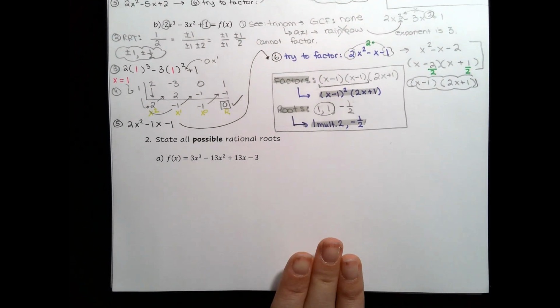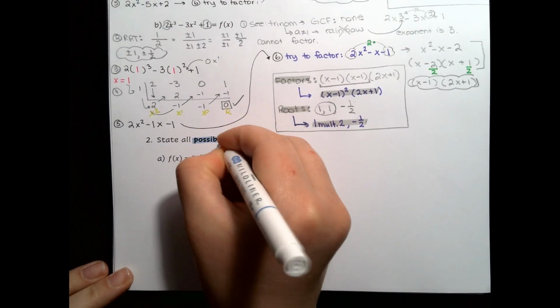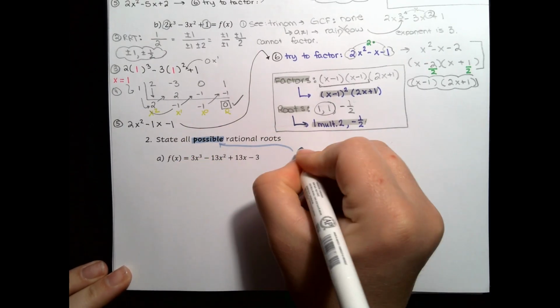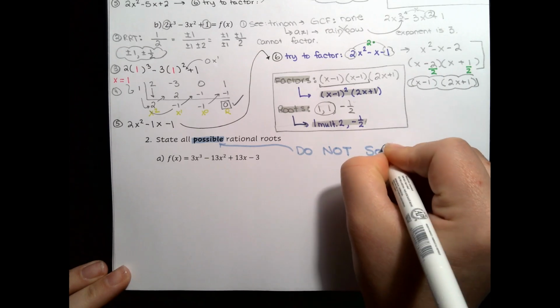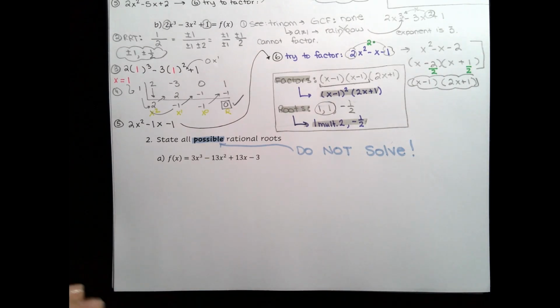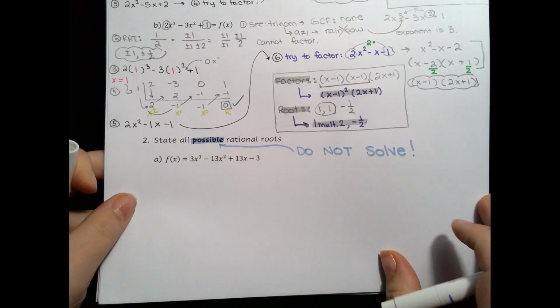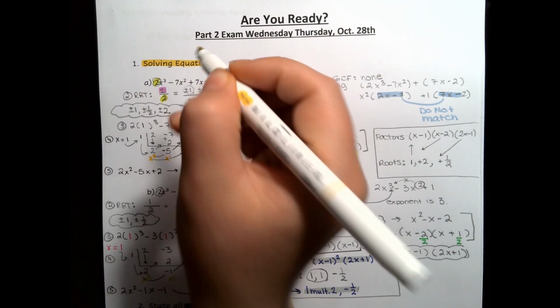All right, state all possible. Now this keyword, possible, means do not solve. Okay, so when we're stating all possible roots, let's go back up to question number 1. In question number 1, we are solving. Okay, so I want to show you the difference between question number 1 and question number 2. In question number 1, it is asking you to solve the equation.